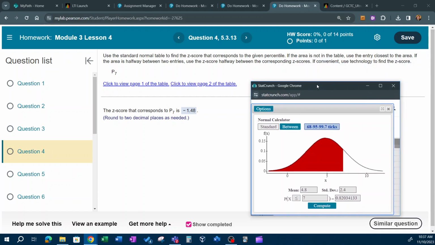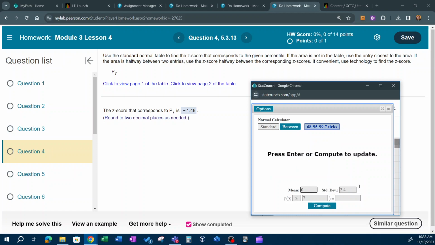Now, I skipped over the mean and standard deviation. We need to do that. It says z-score in standard normal table. So if it says z or standard normal, that means this is going to be a 0 and this is going to be a 1. Oh, I did this wrong. The percentage means 7% of the data is to the left of the boundary.